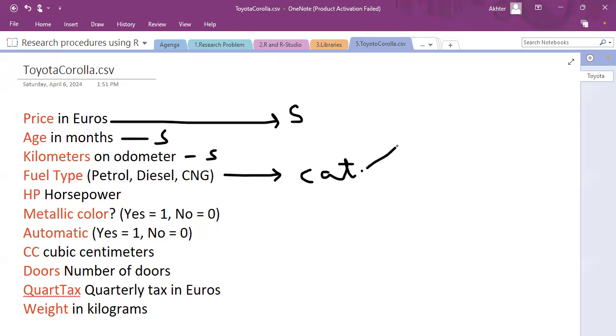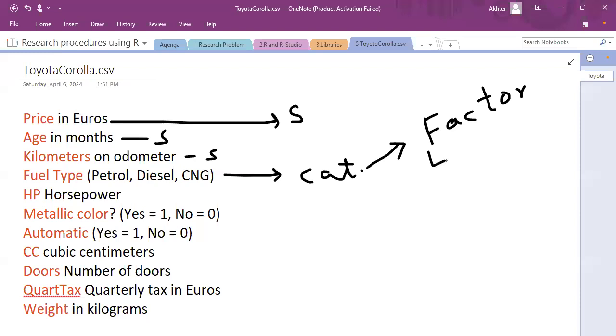So our first step is to convert this character variable or string variable into a factor. So what are factors? Factor is the data type in R which deals with categories. So how many categories do I have? Petrol, diesel, and CNG.